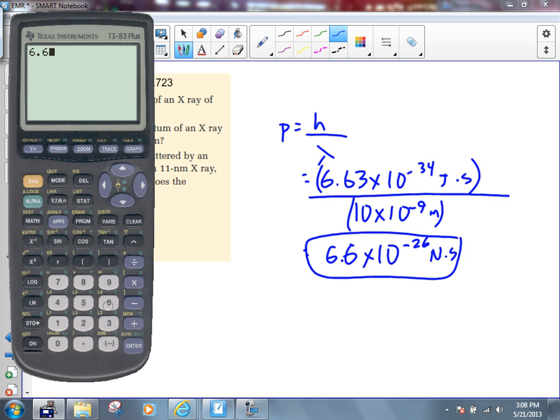Let's try that again, one last time. 6.63 times 10 to the minus 34 divided by 10 times 10 to the minus 9. There we go, 6.6 times 10 to the minus 26 is right. Good?